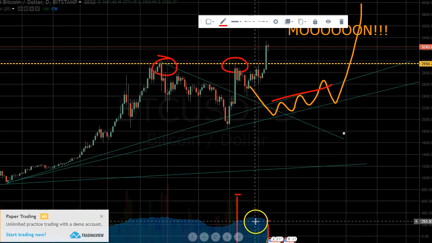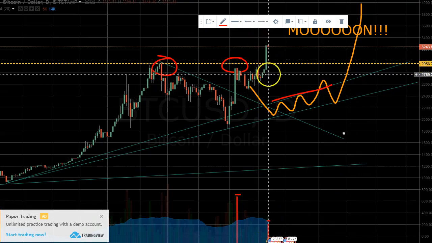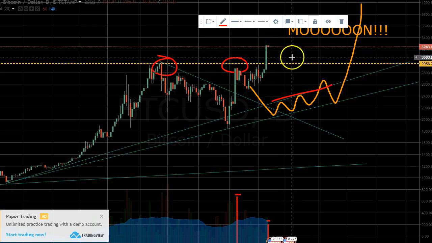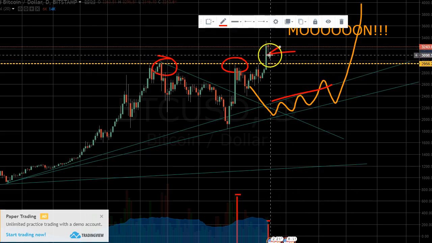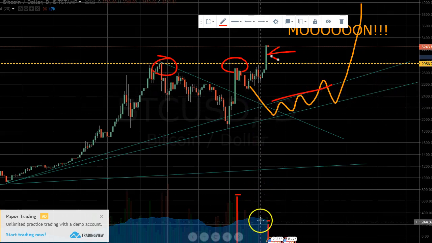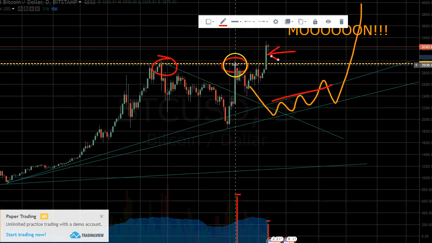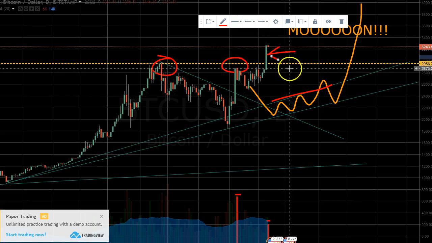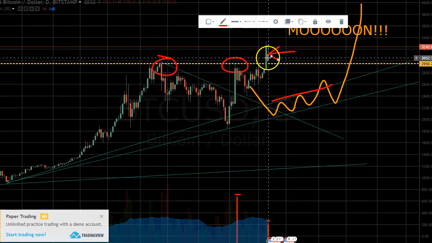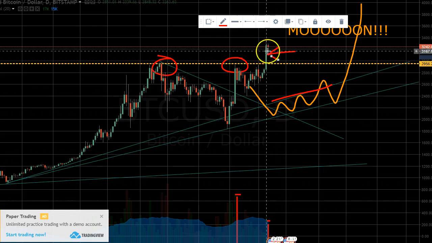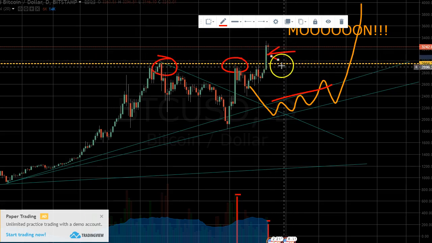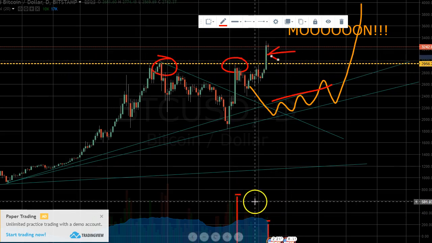Well, that tells me the volume on this leg up is actually a little bit less than half of the volume for this leg up. So what that tells me is that the move up was either moved by very few players, or it just was not strong enough to match or supersede this volume.